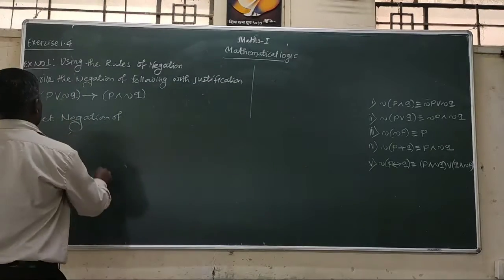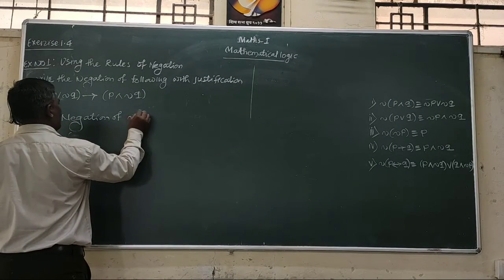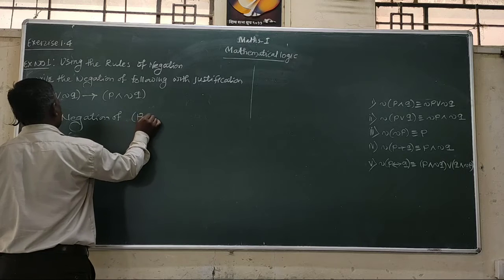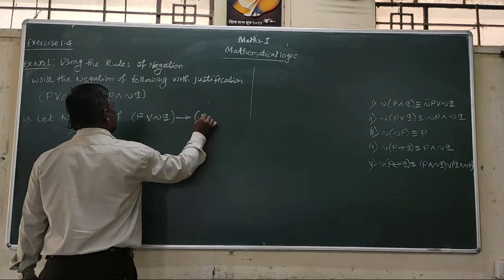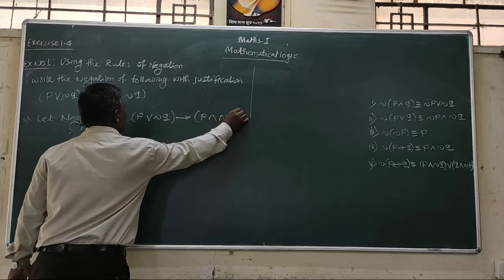Write down here the negation of [P disjunction negation of Q implies P conjunction negation of Q].